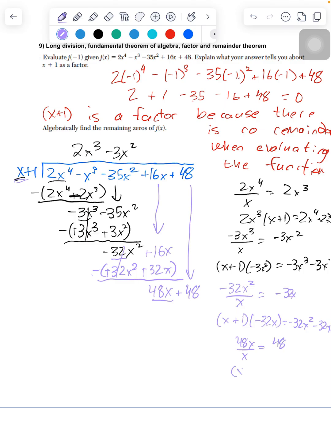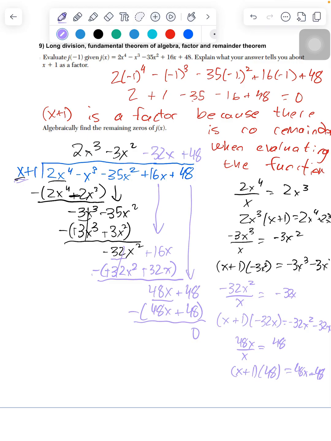So I'm going to multiply that by the divisor. That's 48x plus 48. Subtract this whole thing, so minus 48x plus 48, right? So as you can see, these two quantities are equal, so they just cancel out.